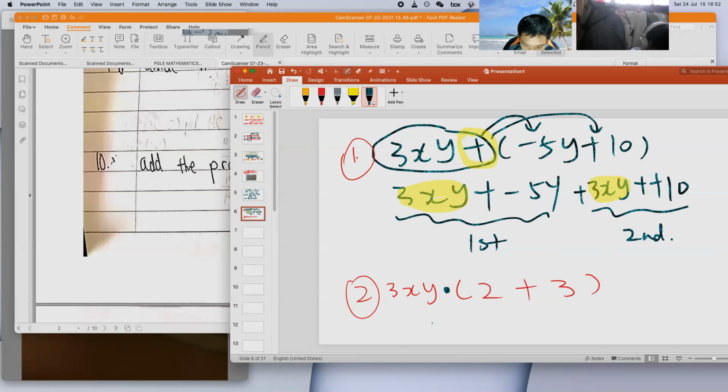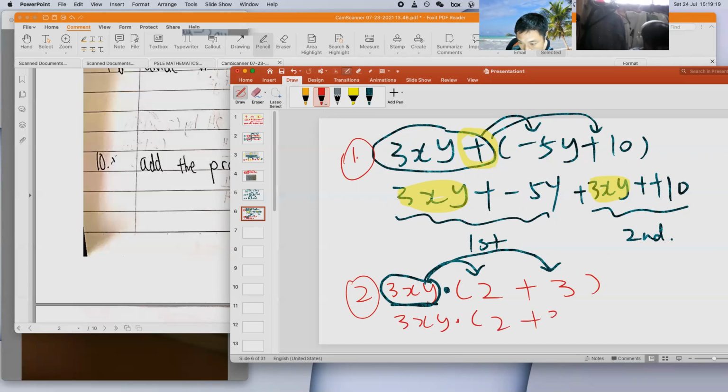So can I ask you, for the second question, do you think you should take the whole thing here to do the first arrow and the second arrow, okay? Or should you just take y only?